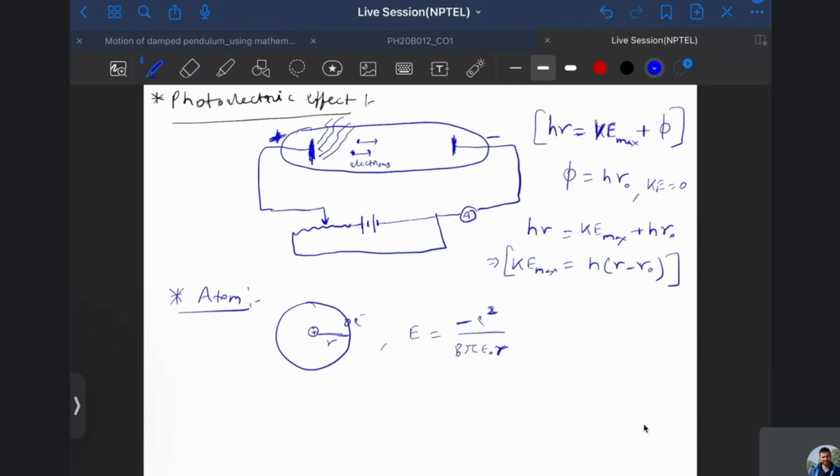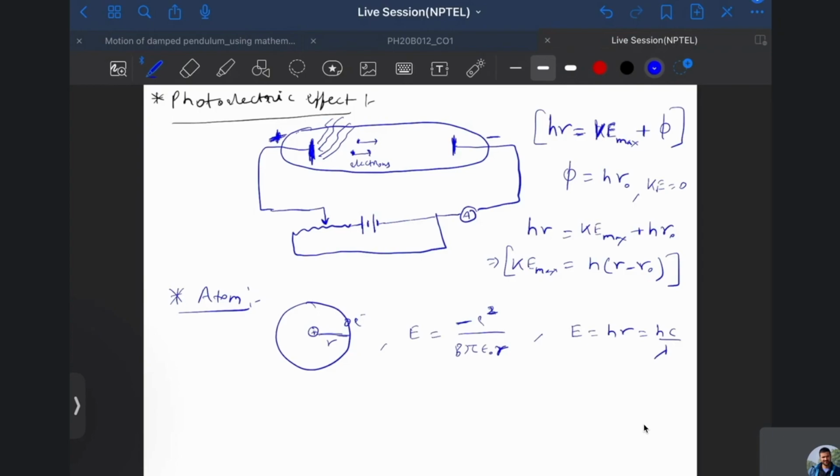And then you can shine a light of energy E equal to h mu, which can be written as hc by lambda.